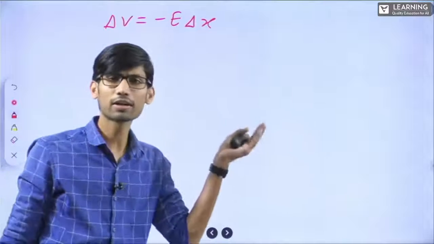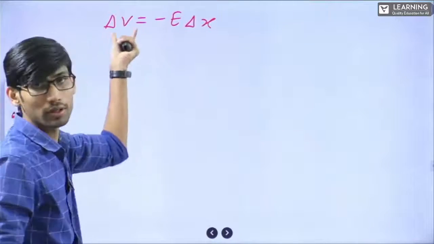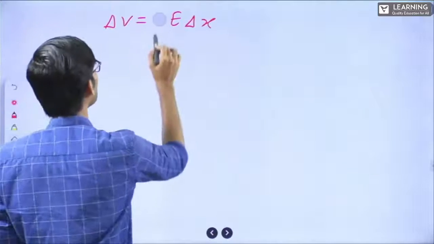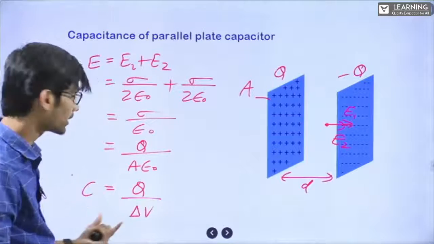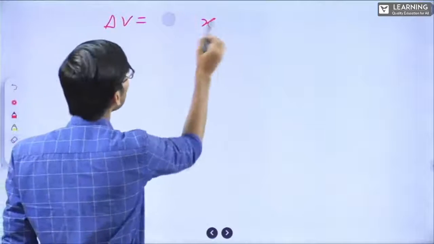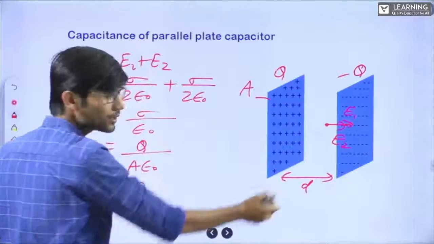The minus sign shows where the potential will be more and where it will be less. It is a scalar quantity and is not representing the direction, so I can remove this minus sign also. I just want the value. Capacitance is also scalar, I just want the value, that's all. So from here, I can write it as E into D, since delta X is D here.